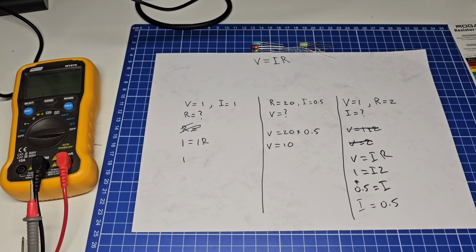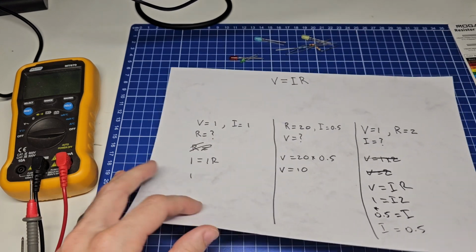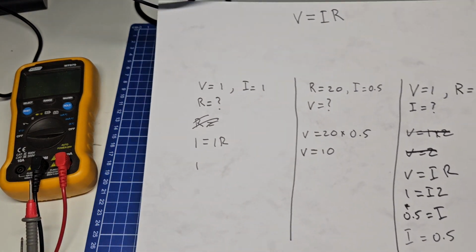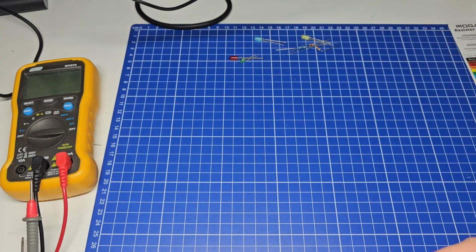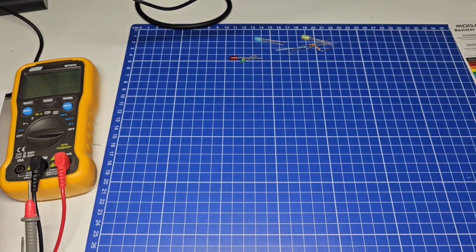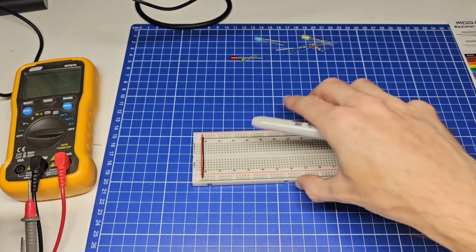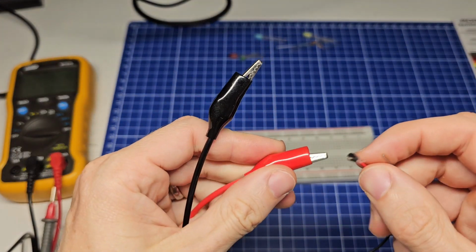I had to pull up some old notes for this, but I think V equals IR is fairly easy to remember. But let's apply it, see if it's as easy in the real world as it is on here. Maybe I'll keep this piece of paper handy, and let's get this hooked up. So I'll need some power here.